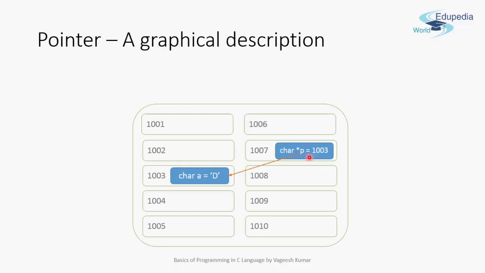Suppose p points to character a, this memory location. If you print *p, it will not print 1003, it will print capital D, which is the value at the memory location to which this pointer is pointing. But in case you print simple p, that will print 1003, the value that is stored inside that pointer.